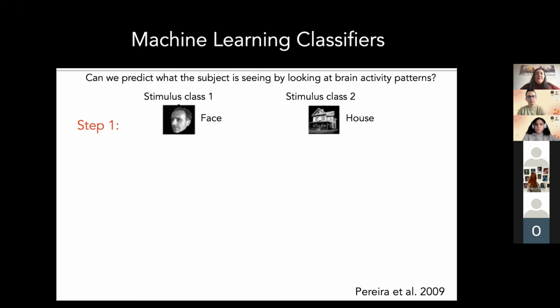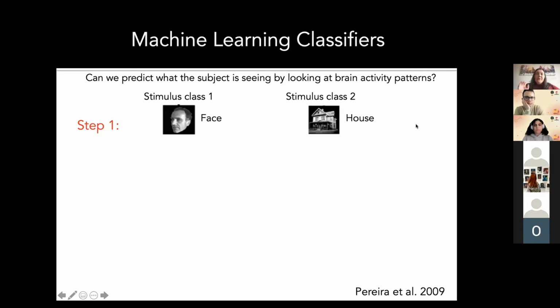One particular question you can ask is, let's say the subjects are seeing a face or a house. You present a face and a house to your subjects in an fMRI experiment and record brain activity. Then, without knowing what the subject is looking at, you look at the brain activity and try to predict whether the subject has seen a face or a house.